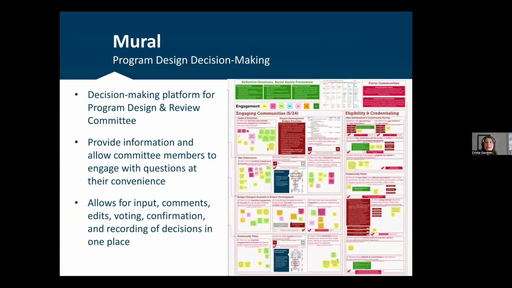Great, thank you. I wanted to talk a little bit about four of the digital tools that we used to help make this happen. The first is Mural board, an online tool that we used with our program design and review committee at the very beginning, between 2022 and 2023.